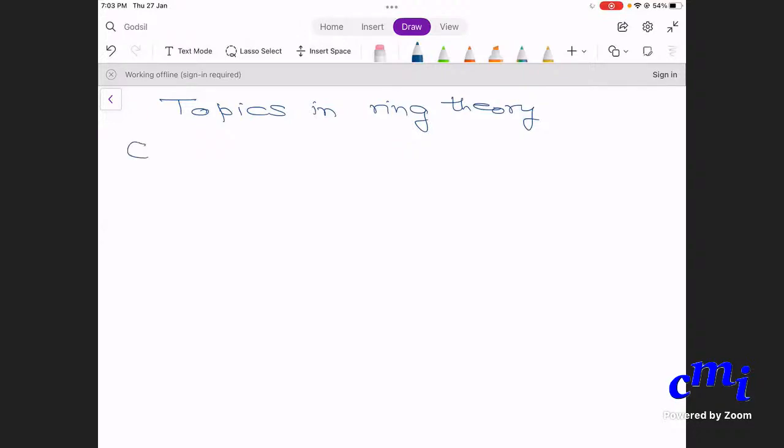So that's the topic for today: the Chinese remainder theorem and its applications, which include Lagrange interpolation. So let's begin with a simple problem.